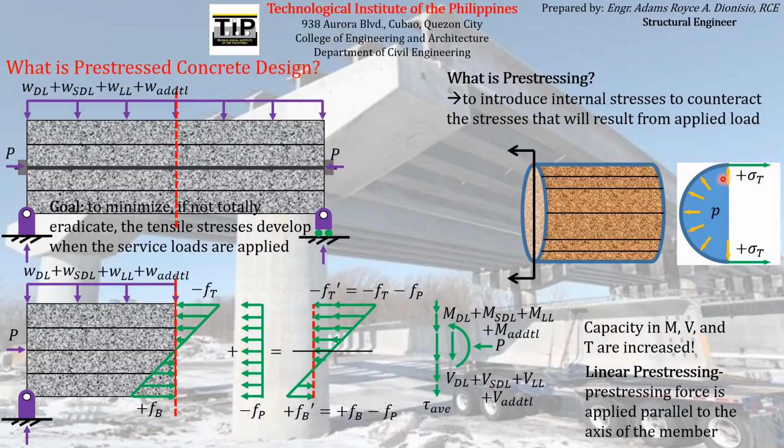So again, if you can imagine, especially if this is the case where the wall is composed of several components joined together, if there are tensile forces or tensile stresses acting on those joined members, they have a tendency to break out.